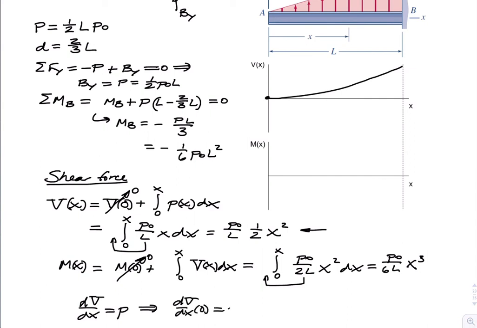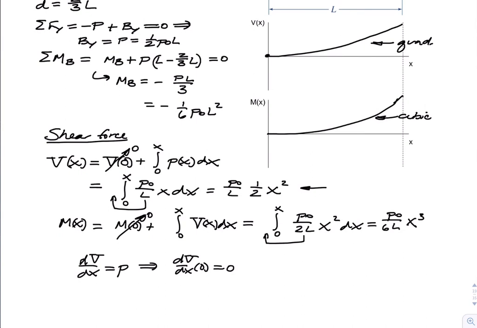Same way there with M. Although V here is quadratic, M is going to look a lot like that, except it's a cubic function. And again, I draw it as I did because I know that M starts out at 0, and I know that dM/dx is equal to V, so it implies then that the slope of M on the left hand side is also 0. So it starts out like that, and it increases in the positive sense as we move through.